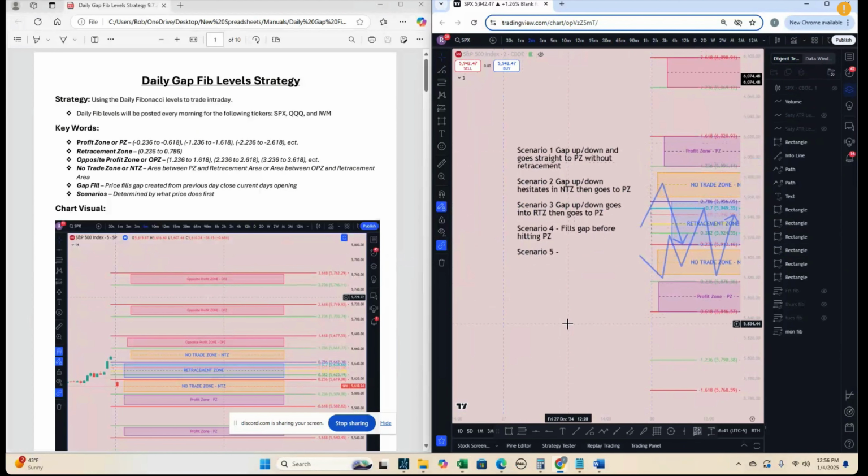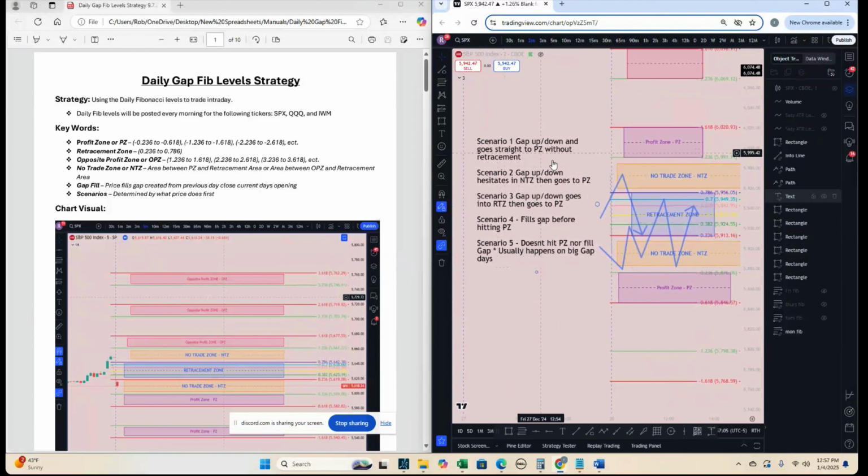I appreciate it. All right, actually, hold on. Don't take a screenshot yet. Doesn't hit PZ nor fill gap. And then just the asterisk, usually happens on big gap days.